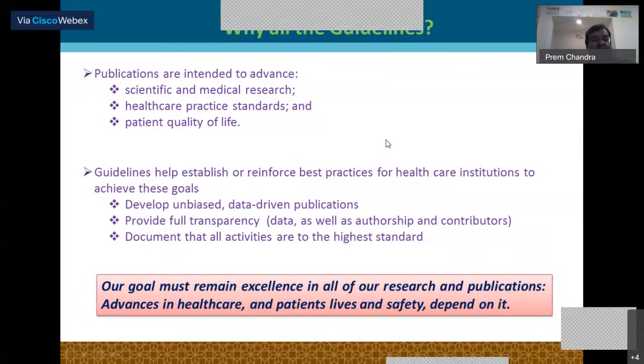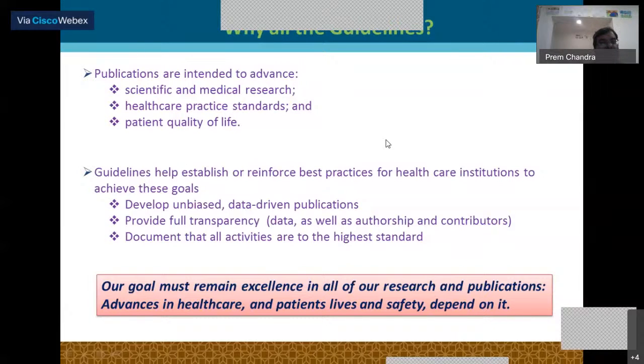How to achieve the goals? Develop unbiased, data-driven publications with the best quality or best methods used, provide full transparency of the data as well as authorship and contributors, and document that all activities are to the highest standard.